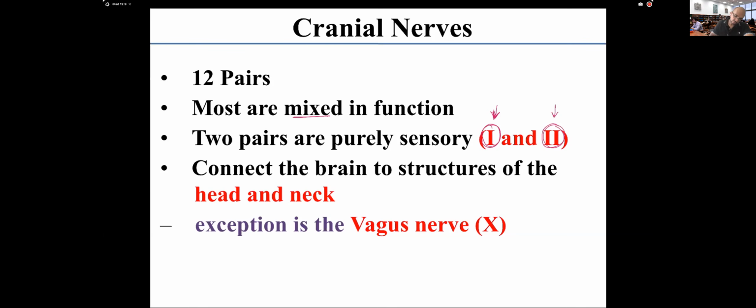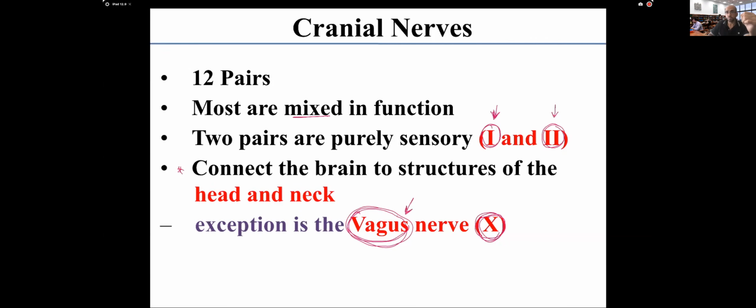Those cranial nerves are all going to be connected to structures of the head and neck, except for cranial nerve number 10, or the vagus nerve. Cranial nerve number 10, the vagus nerve, is the one that will innervate organs outside of the head and neck. So remember, what happens in vagus didn't stay in vagus.